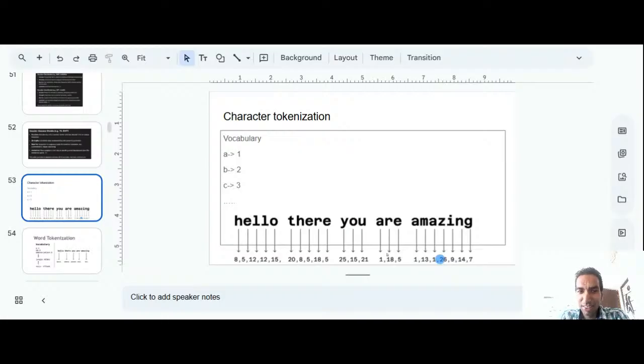So the time complexity will be more, you are saying. Yes, sir. The precise word is time complexity.